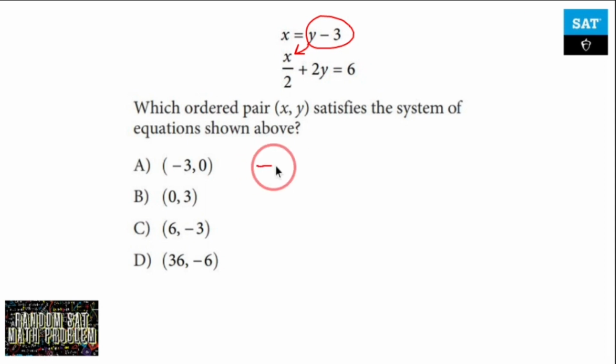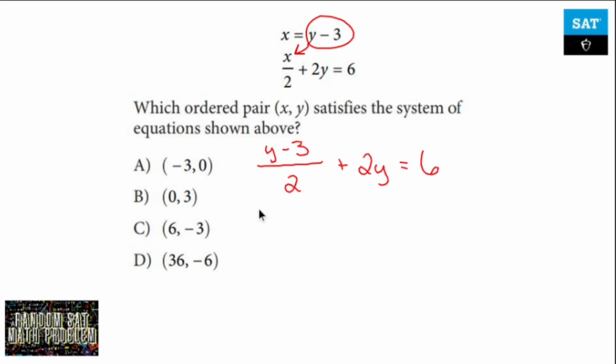So I'm going to rewrite the bottom equation, changing x into y minus 3, because x is y minus 3 over 2, plus 2y equals 6. I'm trying to think of the easiest, simplest way to go about this.